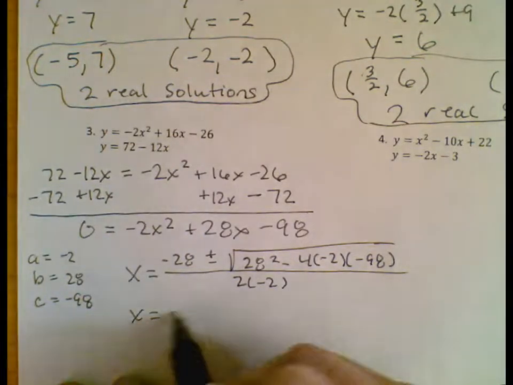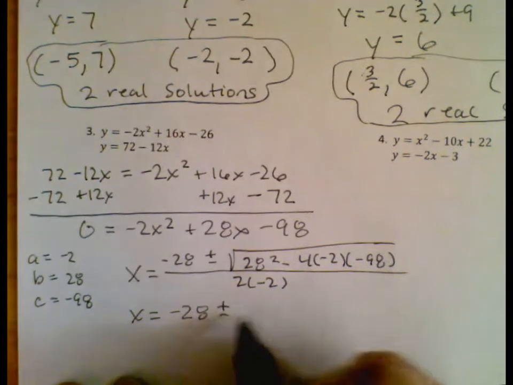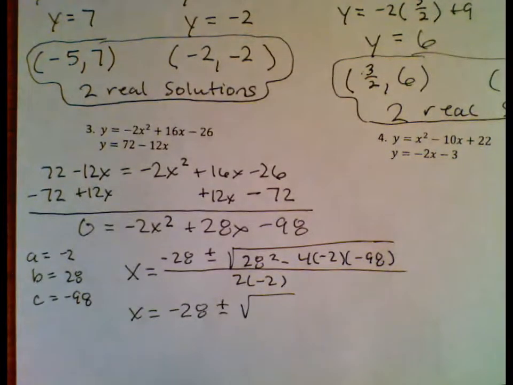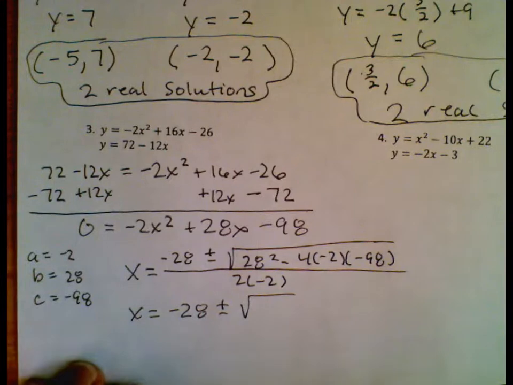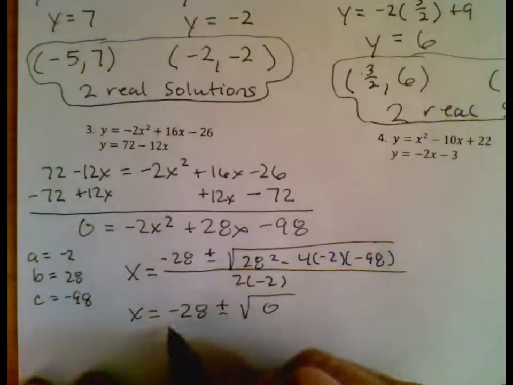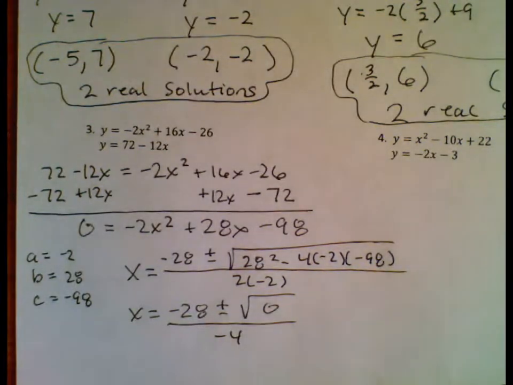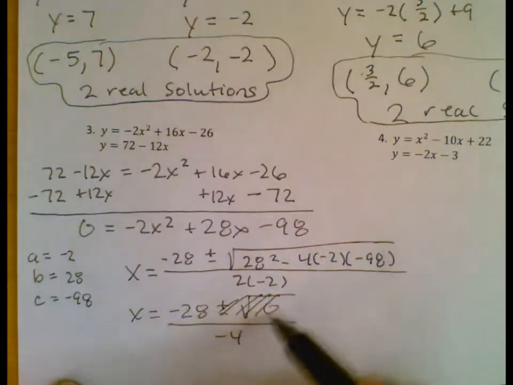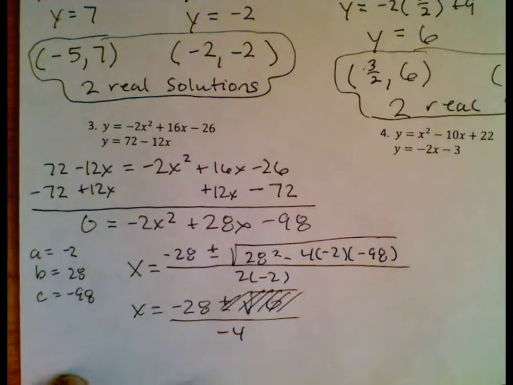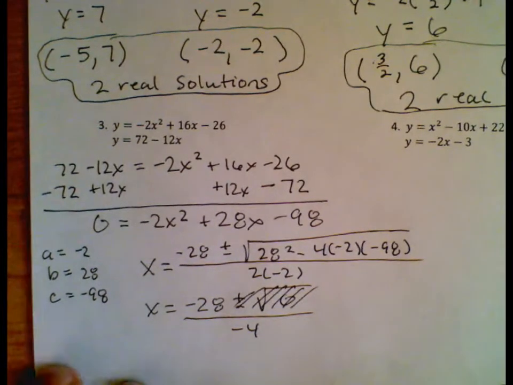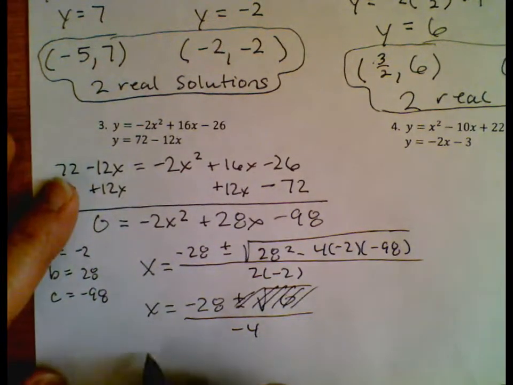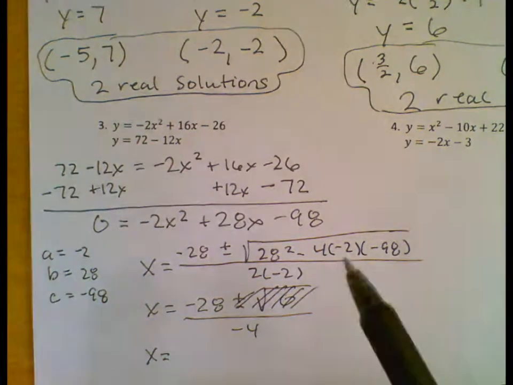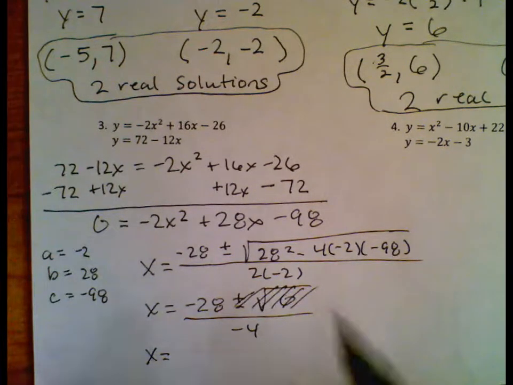Now when I simplify under the radical, I get a 0. So what that means is there's just going to be one real root, one real solution, because plus or minus 0 just goes away. You end up getting x equal to negative 28 divided by negative 4, which is 7.